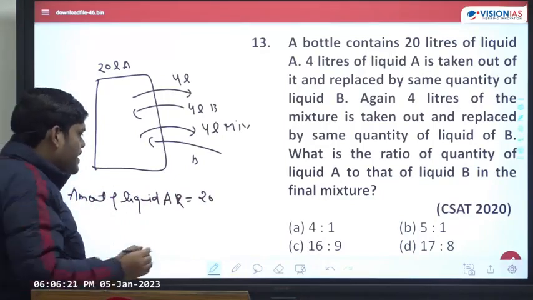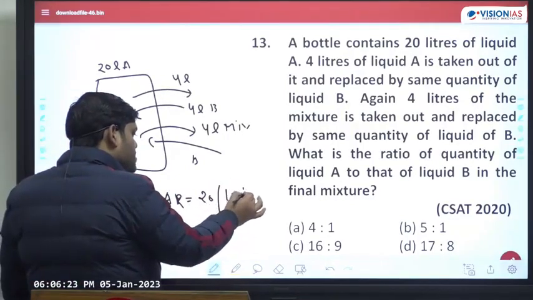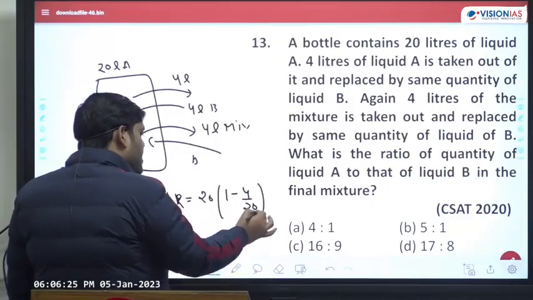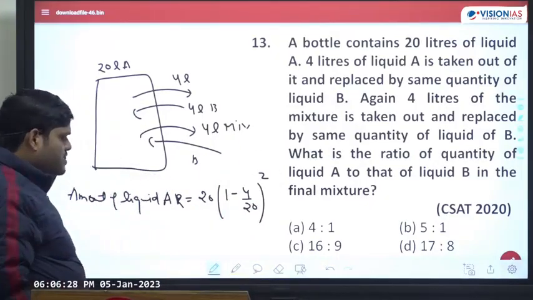Total was 20, 1 minus 4 upon 20, and we are taking this process twice.